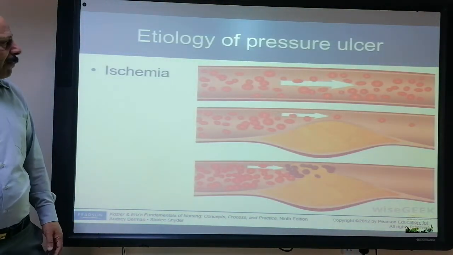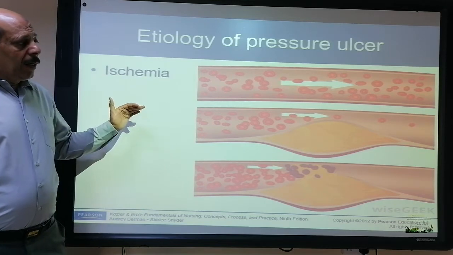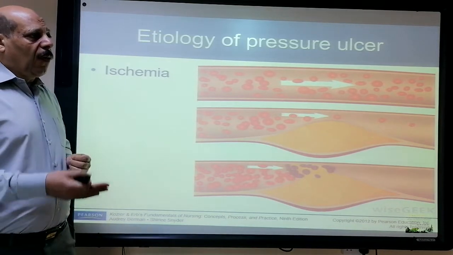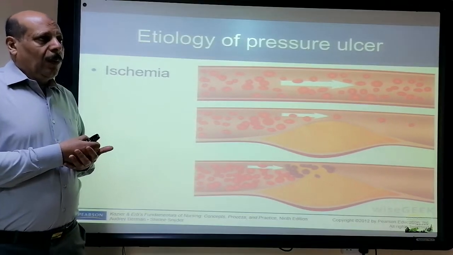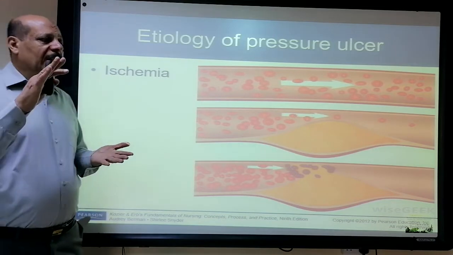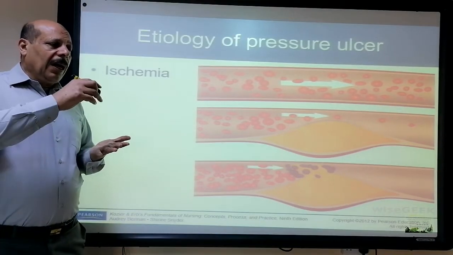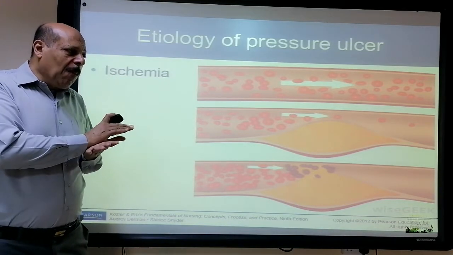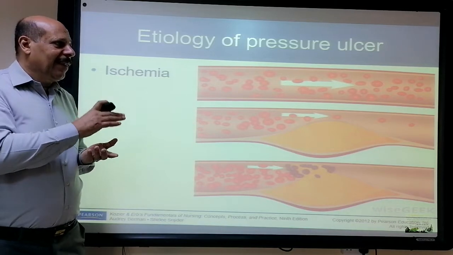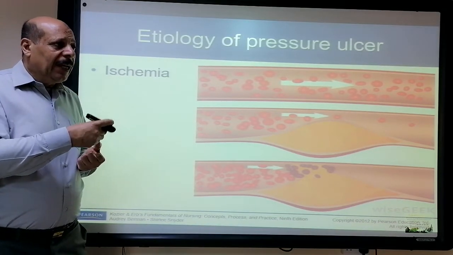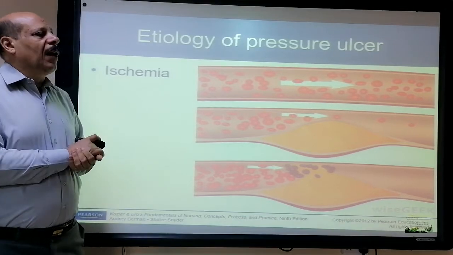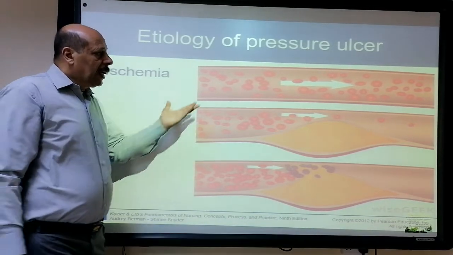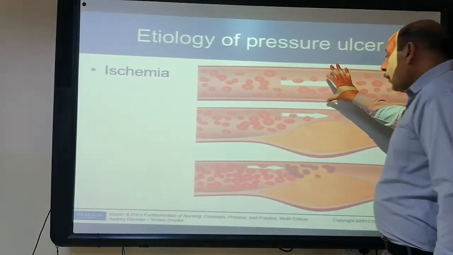The etiology of pressure ulcer: what will happen when the client is lying for a long period of time? What will happen to the tissue? The bone itself and the heaviness of the body will compress the skin between the bony prominent area and the bed that we are lying over. That compression will affect the blood vessels.